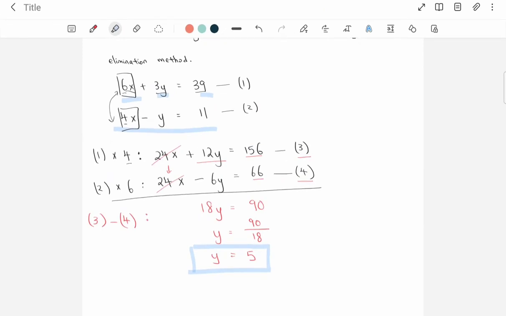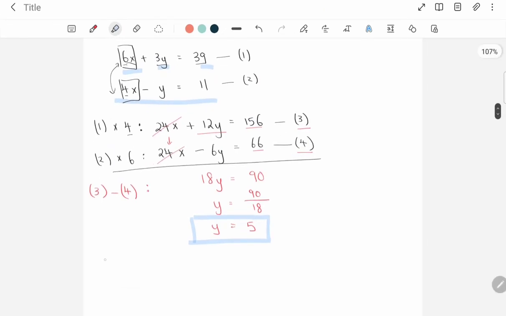So we write down sub. We sub y equals 5 into any equation. Let's say I sub it into equation 1, for example. What do I mean by sub in here? It simply means that I have to turn the y in equation 1 into 5.